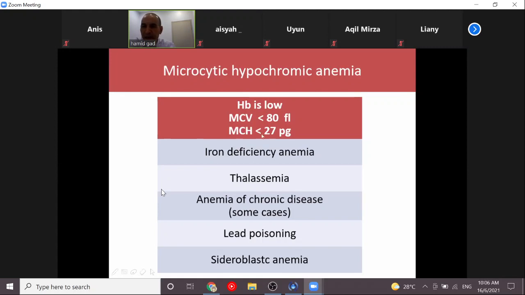MCH is less than normal, from 22 to 27 pg, picograms; you can check the units in the box. So as we said, when you find microcytic hypochromic anemia, you always remember these five things: iron deficiency anemia, thalassemia, anemia of chronic disease in some cases, lead poisoning, or sideroblastic anemia. Clear?